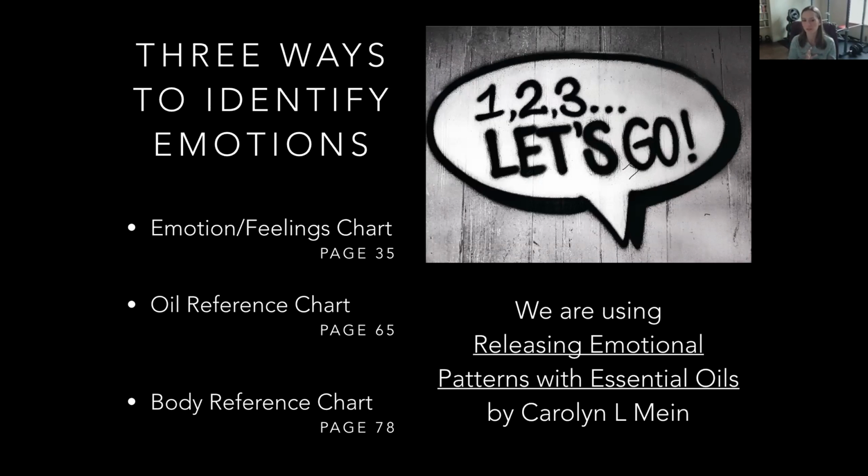The oil reference chart, this is really great, especially for new members who want to really get into their starter kit, because you'll find lavender does something, lemon does something, peppermint does something. So all of these oils that actually came in your starter kit, this is a great way to start just looking through, seeing what that oil does.